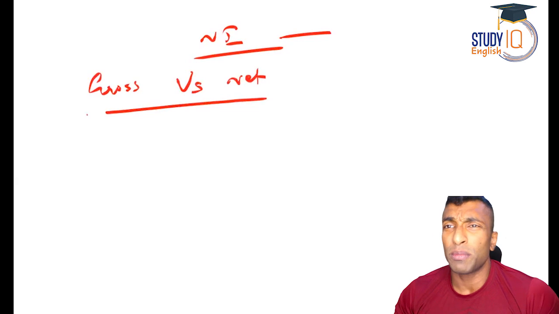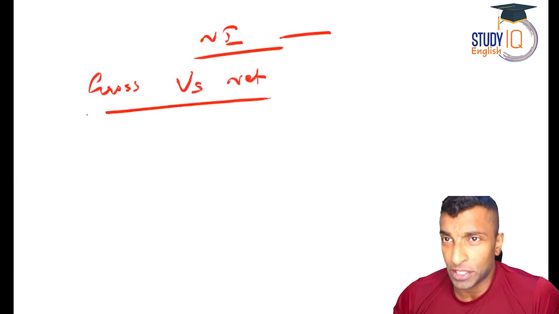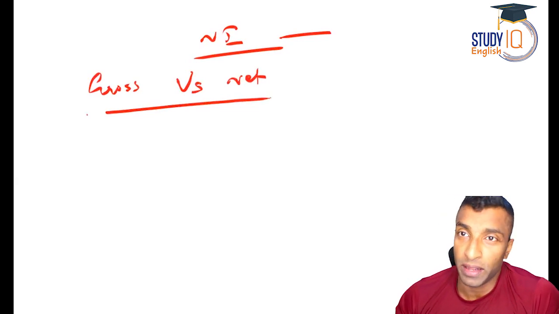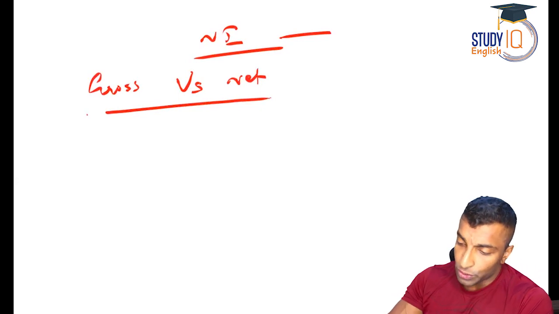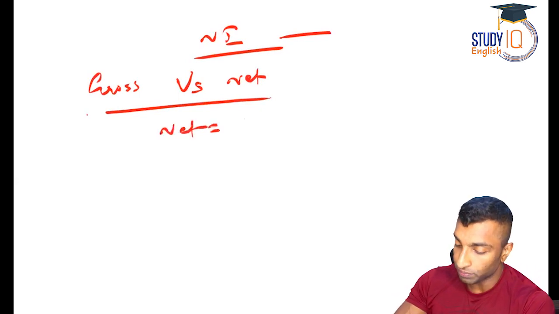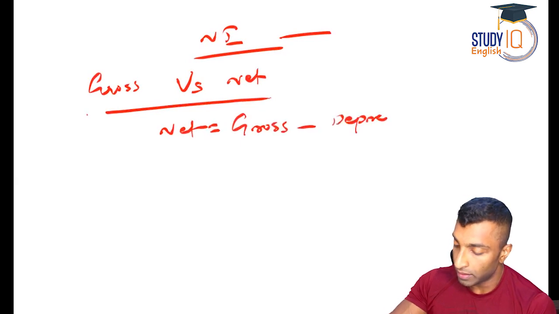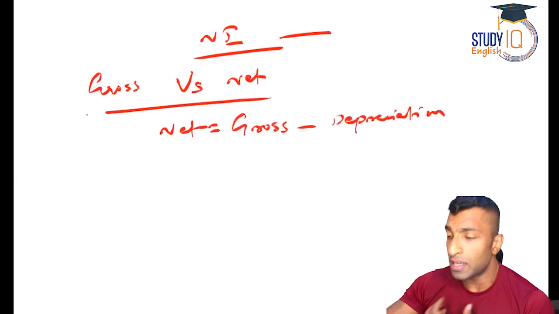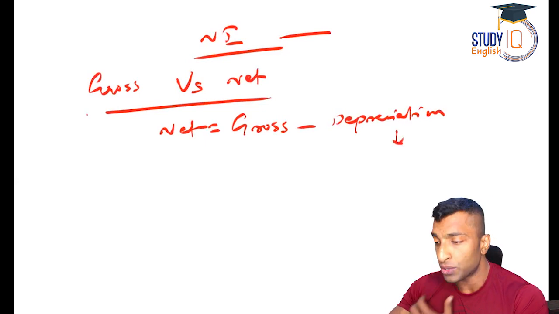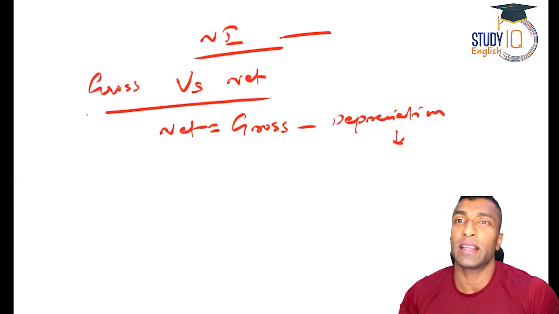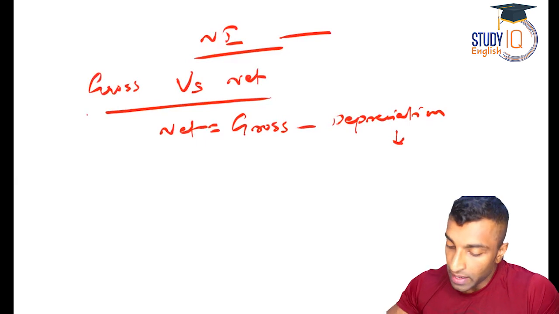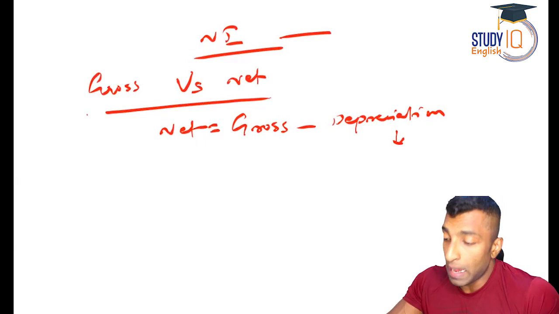I've talked about gross domestic product and net domestic product, or GDP and NDP. So guys, net equals gross minus depreciation. Now this depreciation, in other words, you can also write it as consumption of fixed capital, because this way also they can give you a question. That's the reason why I'm telling this.